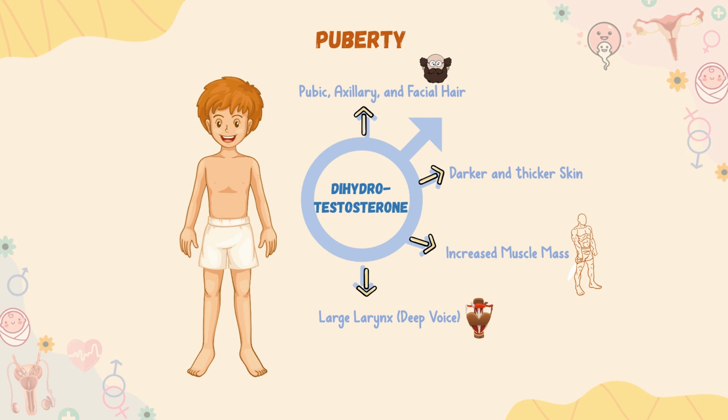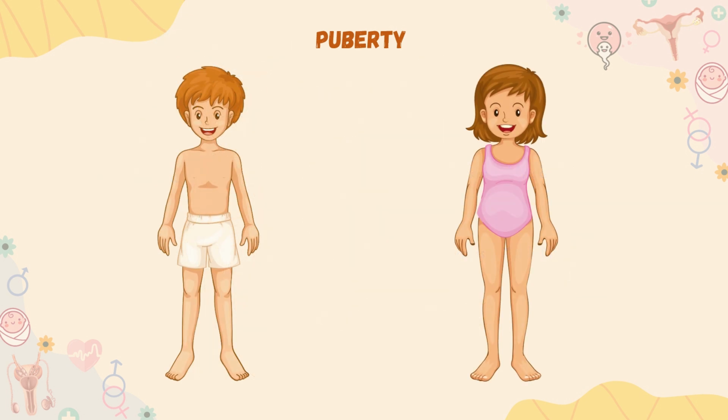Also, an important signal of sexual maturity in males include sperm arch, or first ejaculation of semen, also at puberty, in both males and females.